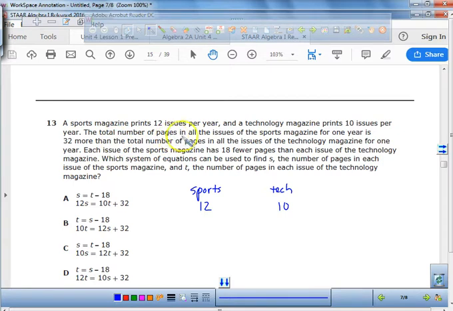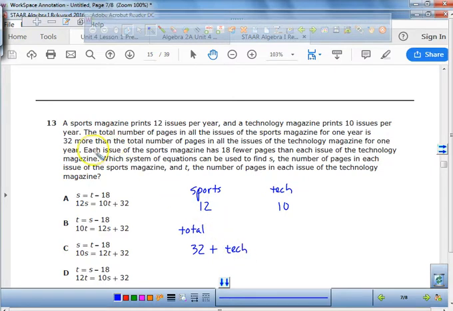The total number of pages in all the issues of the sports magazine for 1 year is 32 more than the total pages in all the issues of the technology. So the total of this is 32 plus whatever the tech is. Right? 32 plus whatever the tech is.